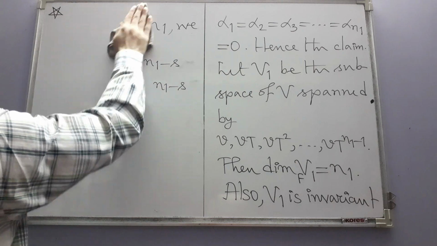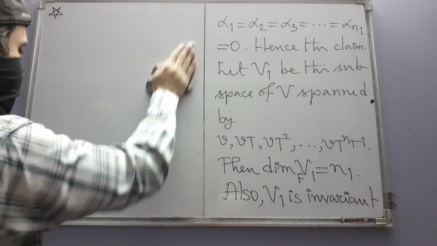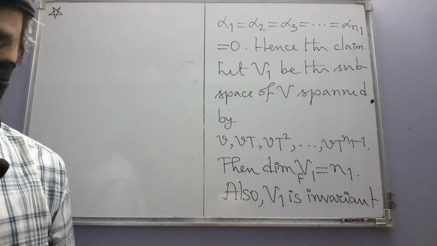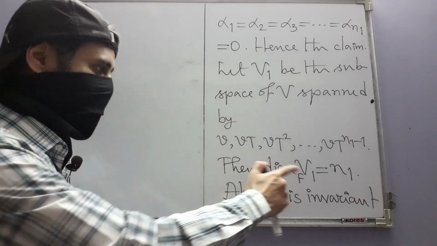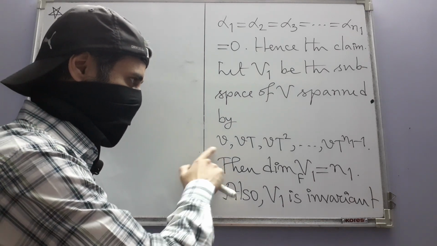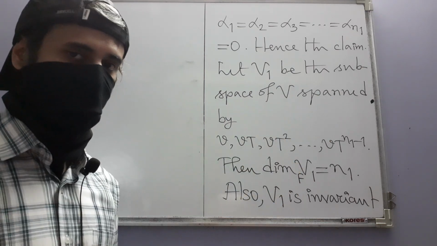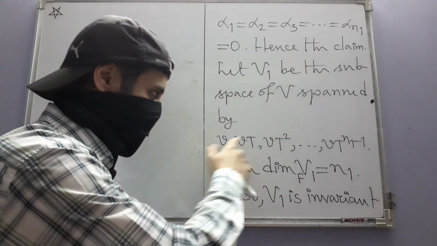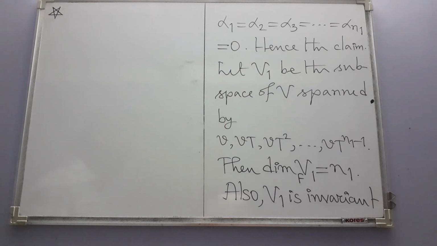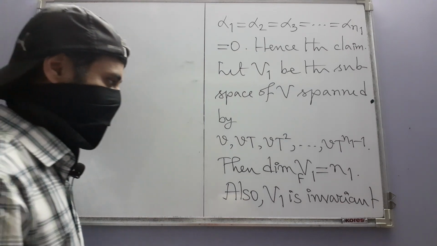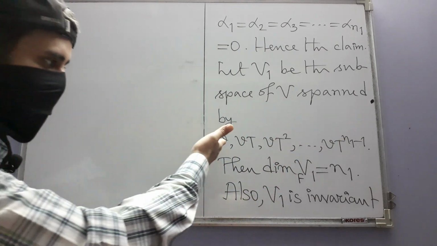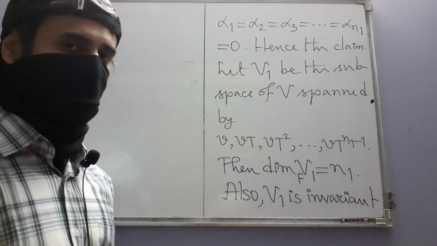V1 is invariant under T means that if you take any vector from V1, apply T on it, then the result will again be in V1. Now, we do not have to take an arbitrary vector from V1 to see that. If T does not get us outside of V1 when you apply T on the basis vectors, that's enough. Okay. Is that true? Let's just see. Let us take the basis vectors of V1 one by one, which are just these vectors, and apply T on them.